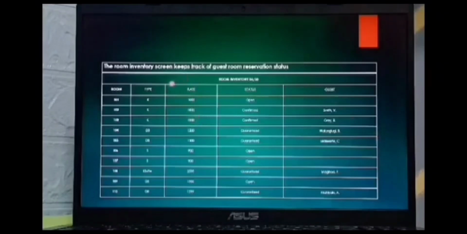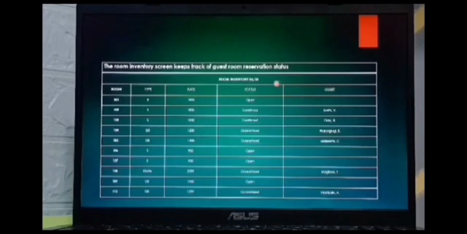So here's the room number 101, 102, 103, and the room type. Ayan. King size, double bed, small size. King size, ito yung mahal, double bed, ayan. And also the rate, remember the rate, 1,000, 1,500, 900, sa small, 900, dapat alam mo din to.